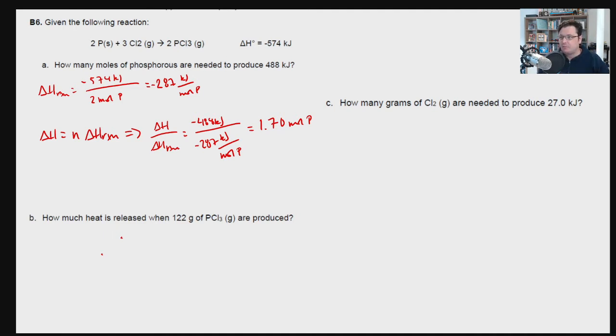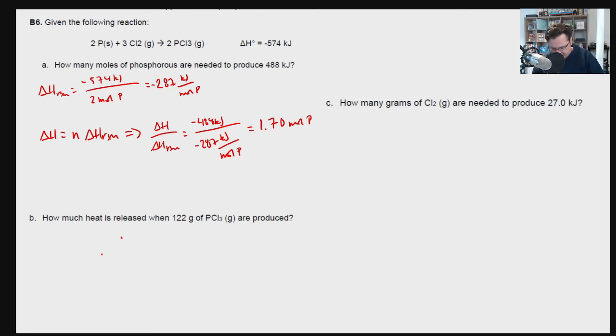We're going to do the same thing for part B. Now it asks how much heat is released when 122 grams of phosphorus trichloride are produced. The first thing we want to do is standardize that reaction to 1 mole of PCl3.